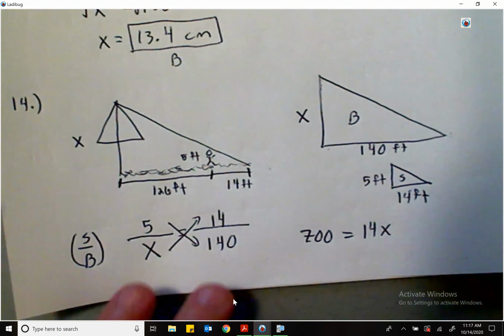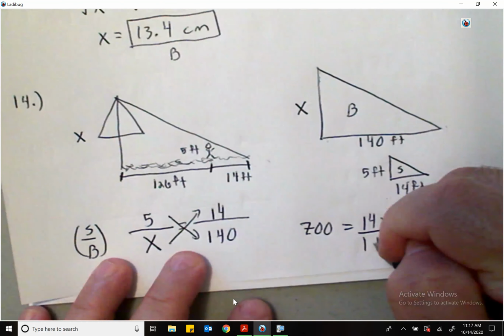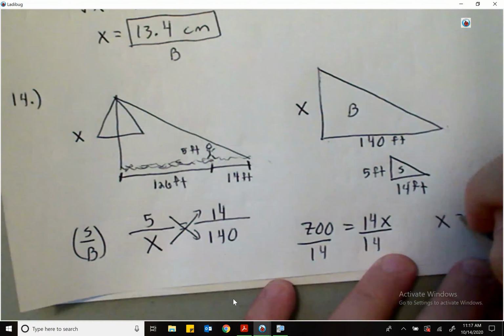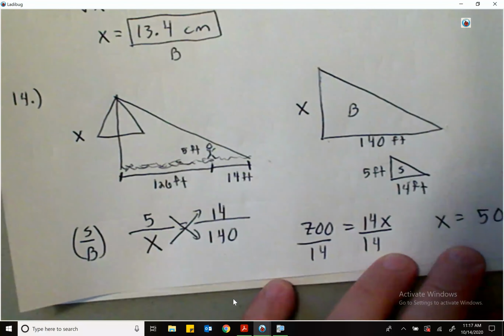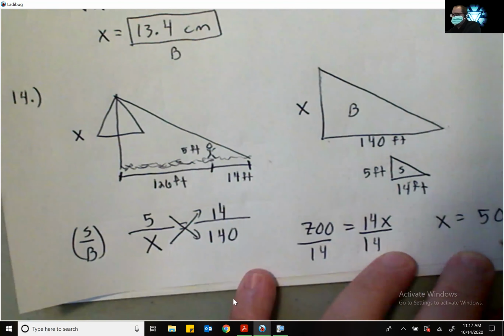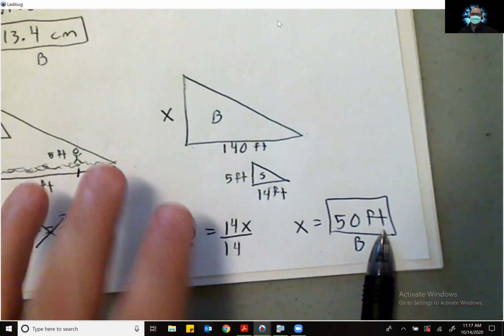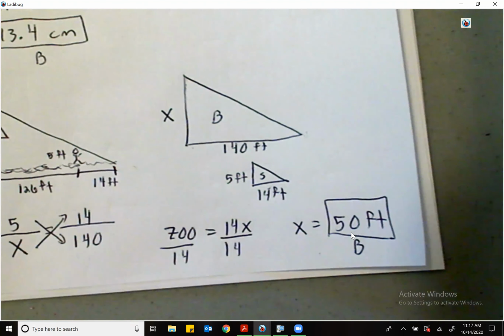Perfect. So x is 50. 50 feet, which is choice B. So we select choice B, and we put in 50 in the blank. And there you go.